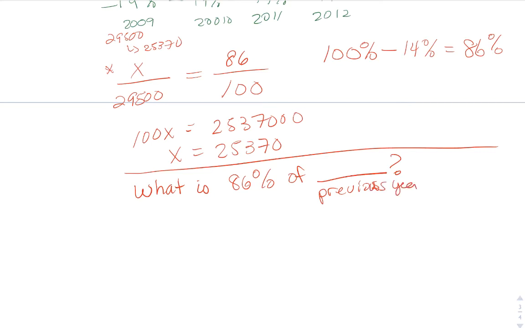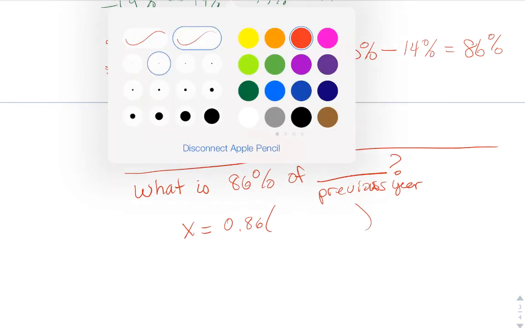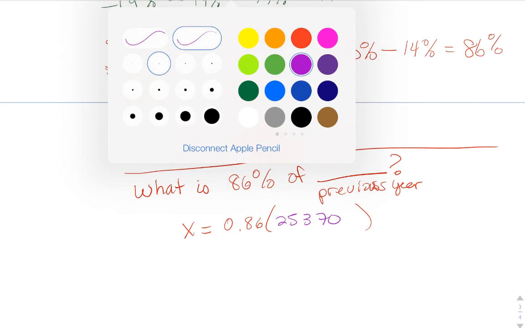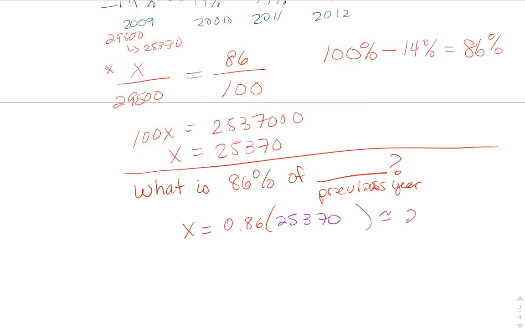So if the previous year was 25,370, 86% goes in as a decimal, of means multiply, and then I'm just substituting the previous year. So in this case, the previous year is 25,370. So I go ahead and do the math. I'm going to take off the cents on this one, and it gives me about $21,818.